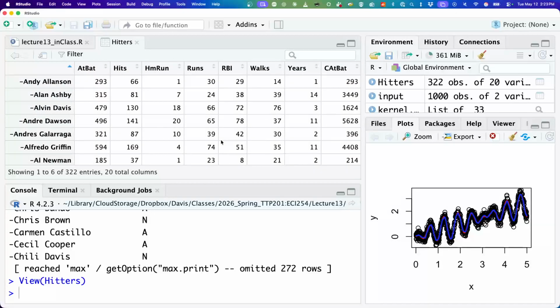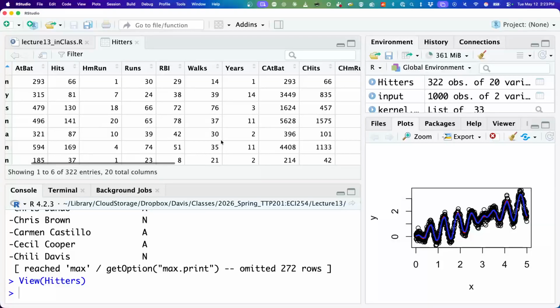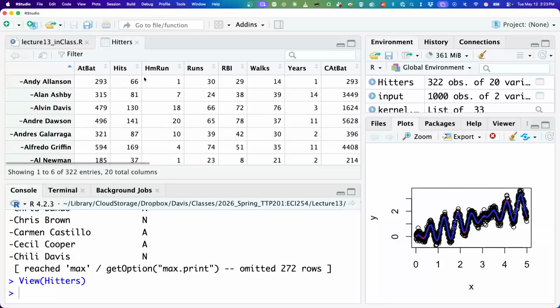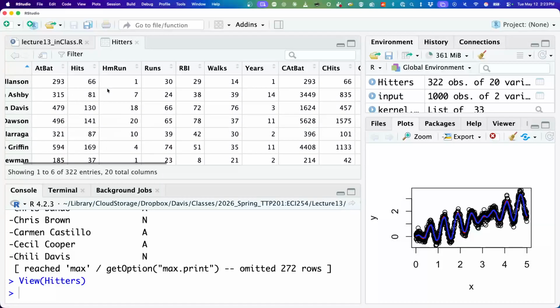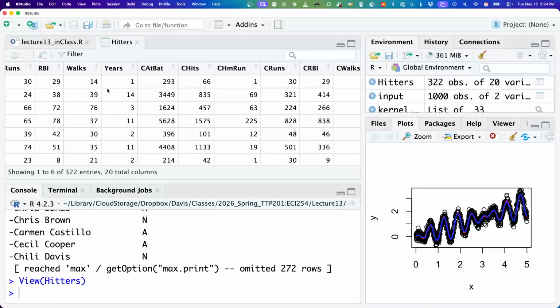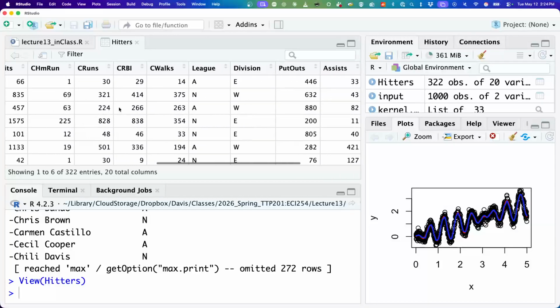So before I run into this, let's take a look at the hitters data set. I'm not a baseball person, so I don't know what all of these stats are. But this is a baseball data set, and each row corresponds to a player in the MLB and statistics associated with, I think, a particular season.